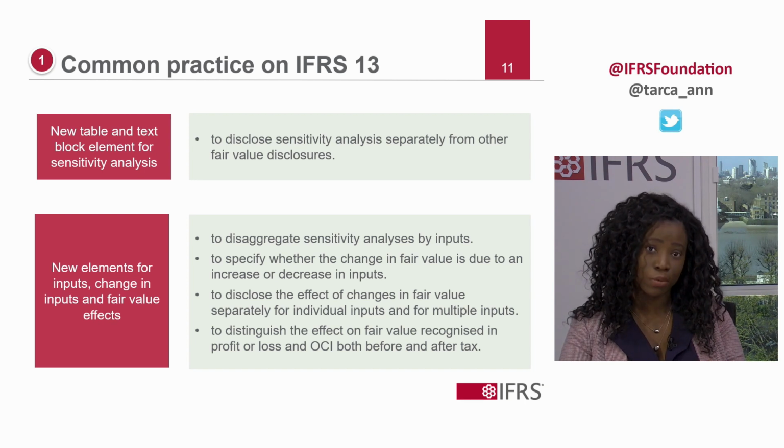We also added new elements to allow tagging of sensitivity analysis in which one input is changed at a time, separately from sensitivity analysis in which multiple inputs are changed simultaneously. Finally, with this set of changes, we added new elements to allow tagging of changes in fair value that separately show the effect of those changes in profit or loss and OCI, both before and after tax.